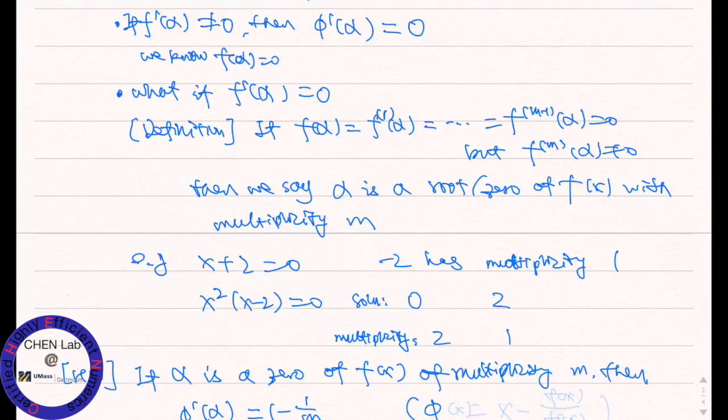Again, the phi is equal to x minus f of x divided by f prime x.